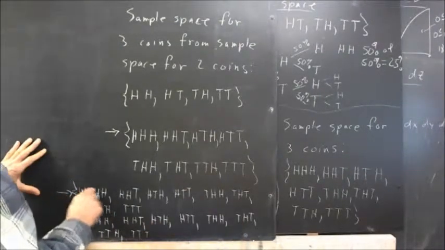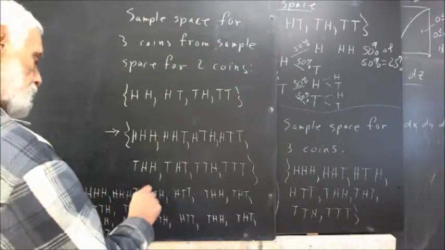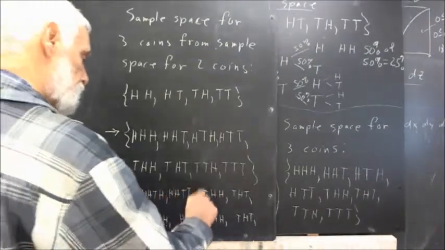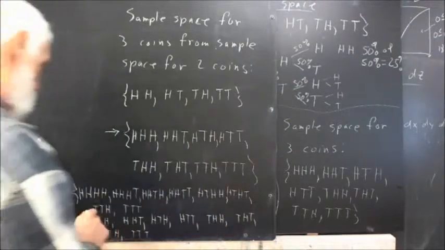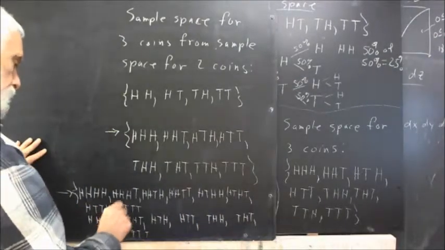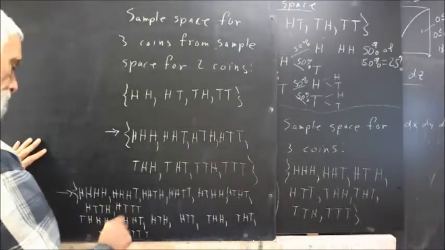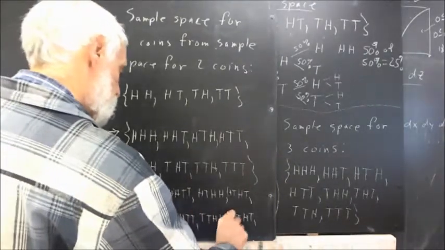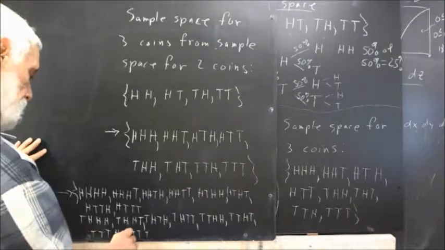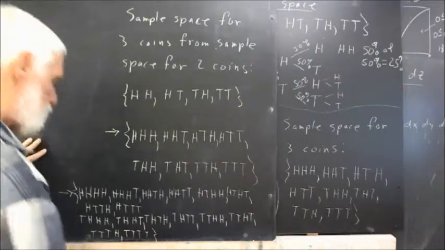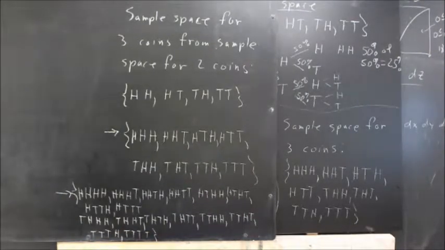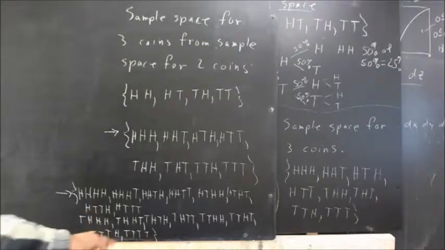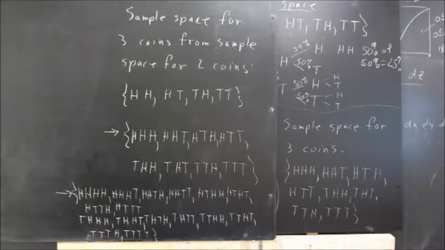So I'm going to put heads here, heads, heads, heads, heads, heads, heads, and then tails. And you can see that I get a complete listing for 4 coins. Now just for comparison, again off camera, I'm going to write down the tree diagram for 4 coins and see that it corresponds exactly to what we see here.